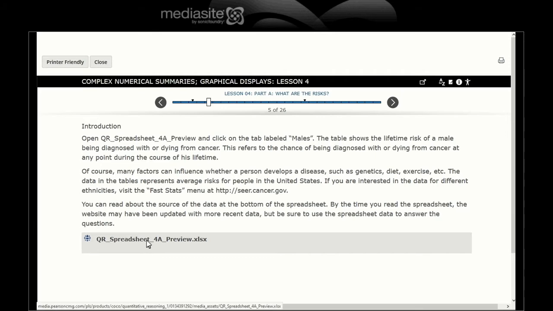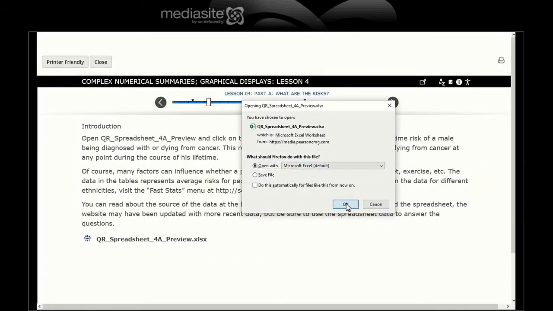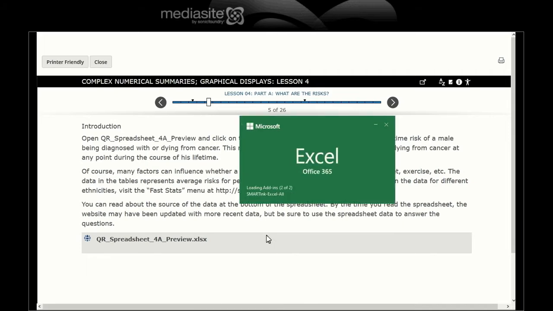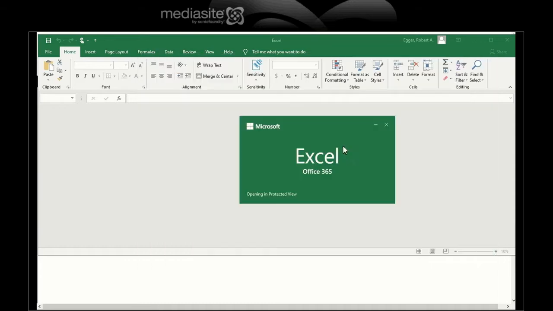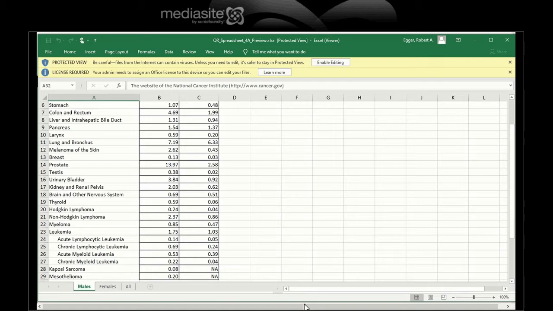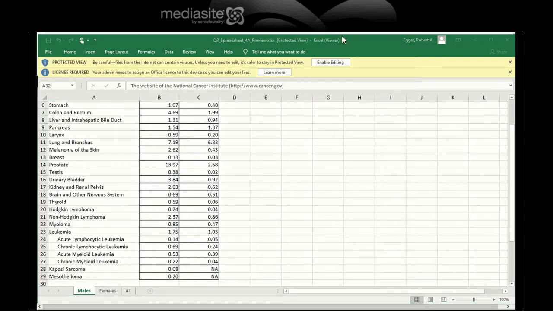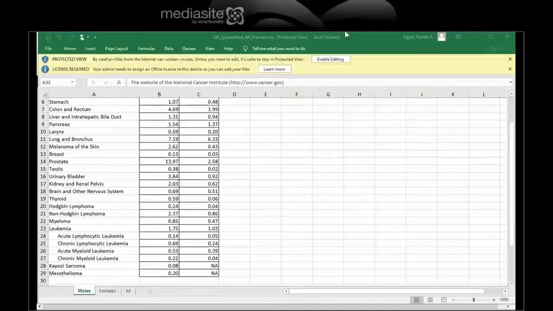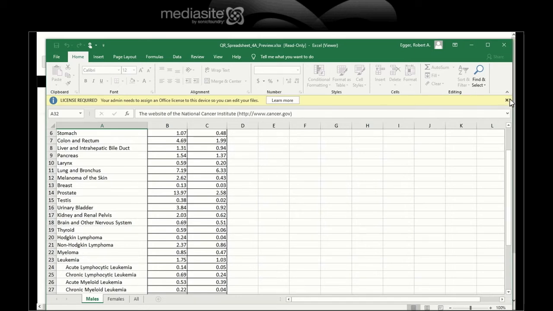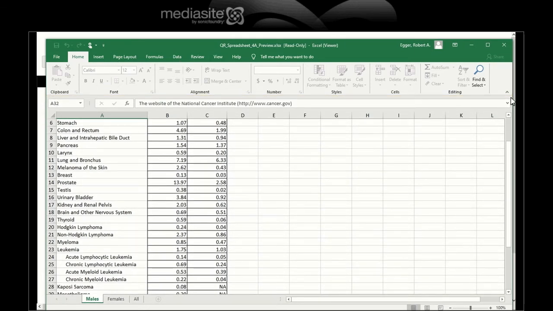So let's open up the spreadsheet and size it. Okay, so let's see what we got here.